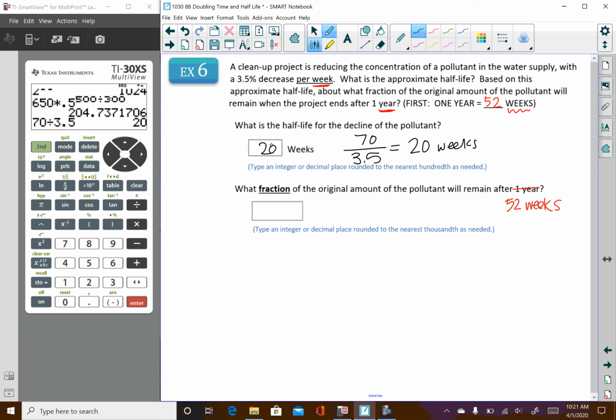So now that we know the half-life, we can figure out what fraction is remaining. We're going to just use that base of 1/2, and we are going to take our given time period, 52 weeks, and divide it by the half-life, which we just calculated, 20 weeks.